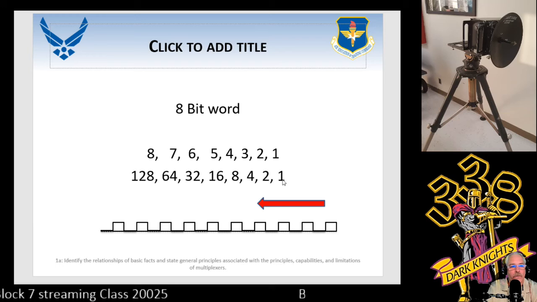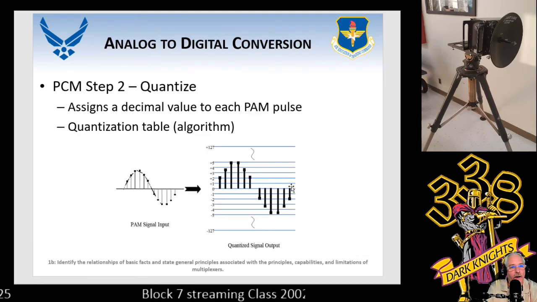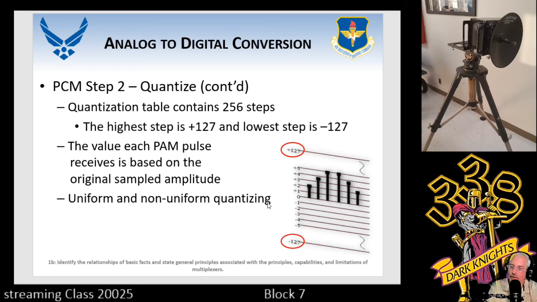When you go 1, 2, 4, 8, 16, 32, 64, and you add all of those, you come up with, wait for it, you get 127. Interesting. On the quantization, when we apply these little voltages to this table, we have 127 steps on the plus side and 127 steps on the negative side.